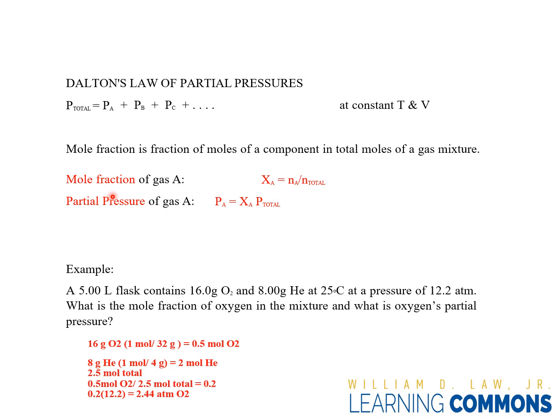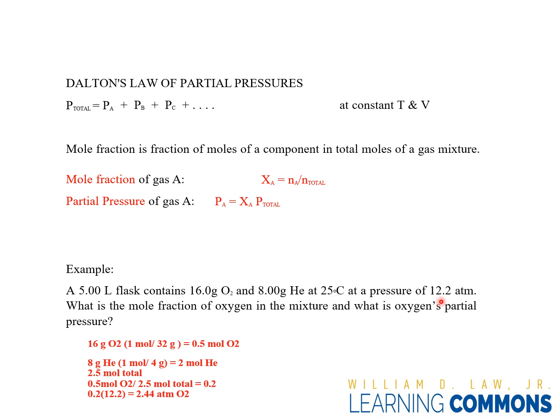I want to find the mole fraction for the oxygen. I divide what I got, 0.5, by the total moles, and I got 0.2. This is the mole fraction. He asked me about the partial pressure. This is the partial pressure of gas A, and I multiply 0.2 by the total pressure.